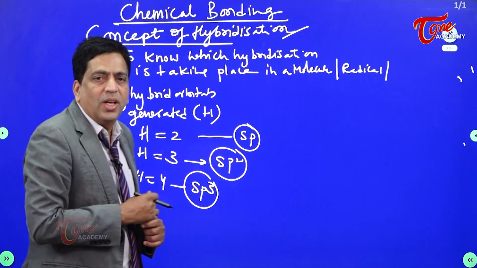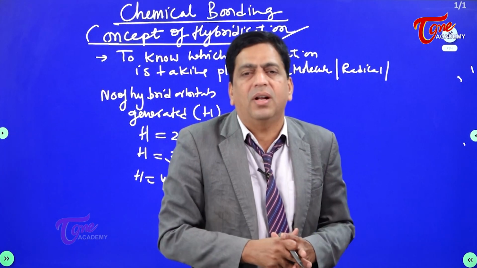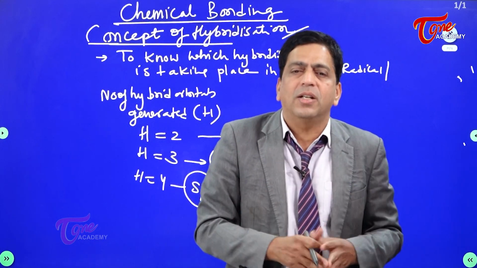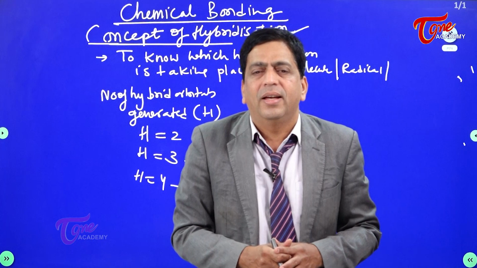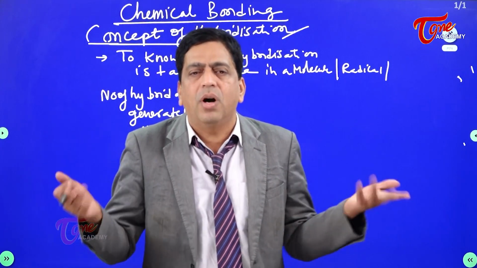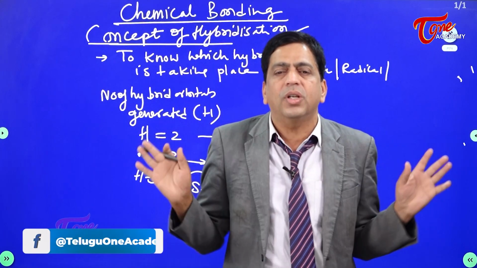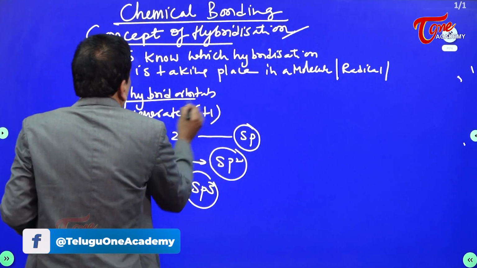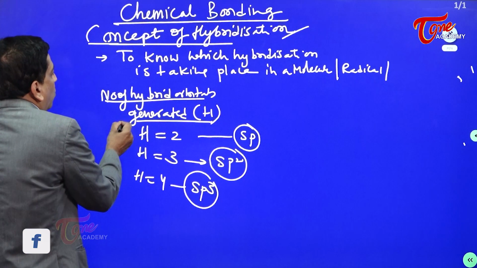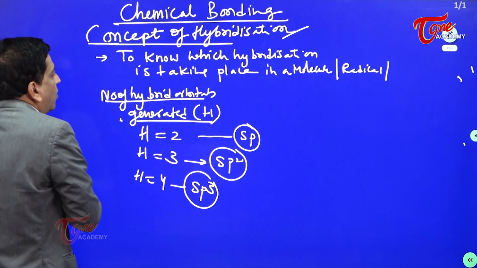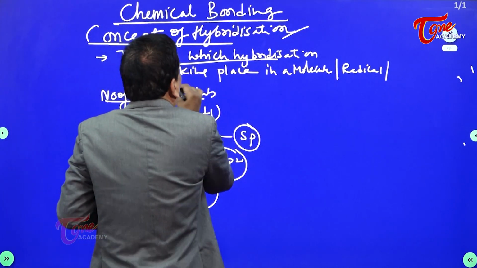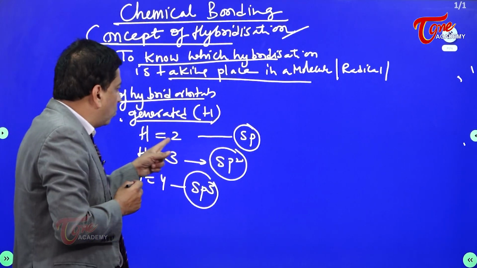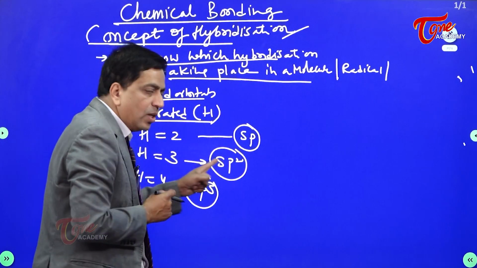Now what is H? H is nothing but the number of hybrid orbitals generated in a central atom before bonding, in the process of getting readied for bonding. This is the language we are using. So H is the number of hybrid orbitals generated. If you know it, then you will know the type of hybridization in the molecule. If it is 2, it is sp. If it is 3, it is sp2.